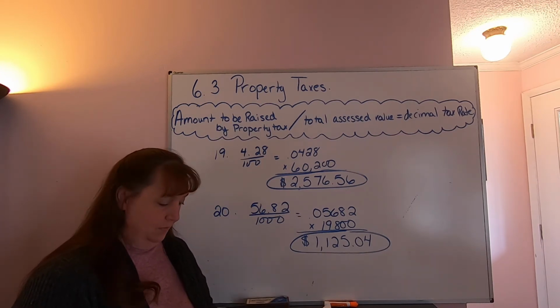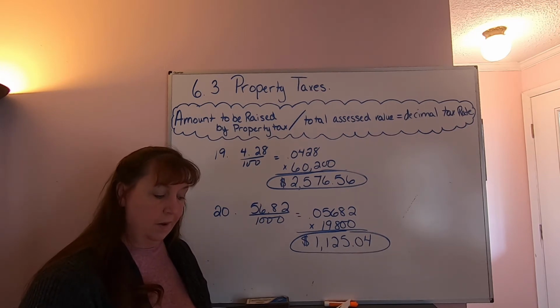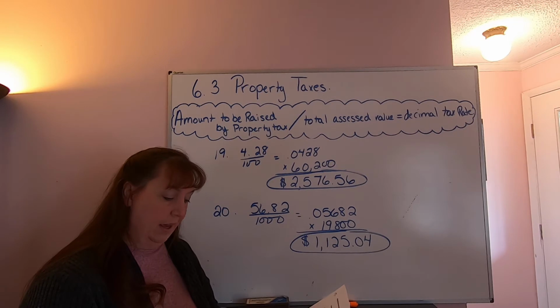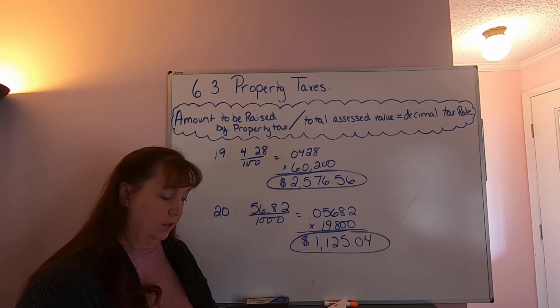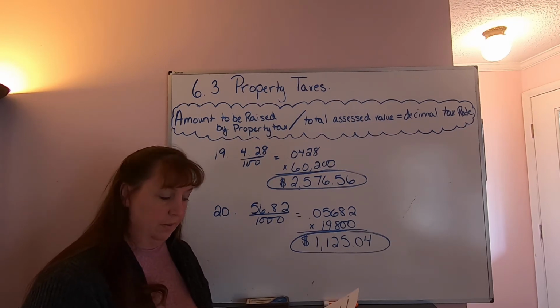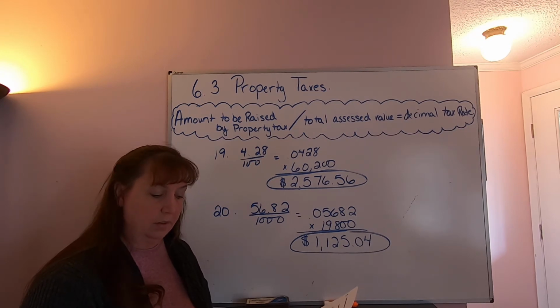Question 21 says the town of Chester has a tax rate of 47.079 mils per $1. Find the tax on a property in Chester worth $350,000 assessed at 60% of its market value.